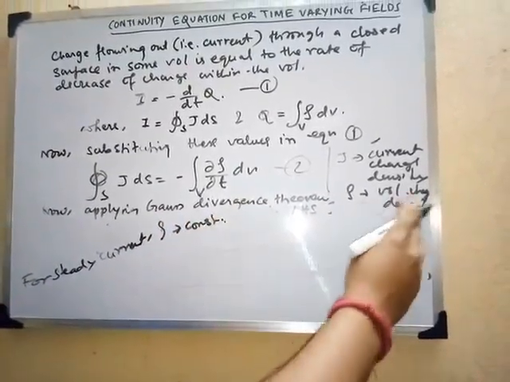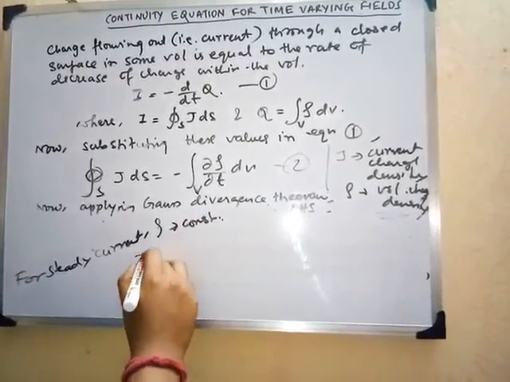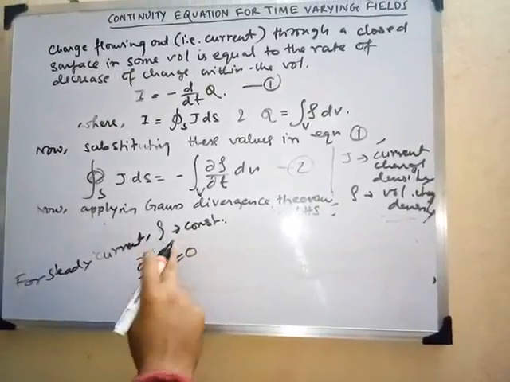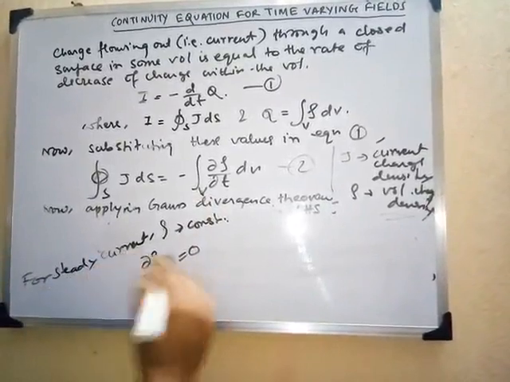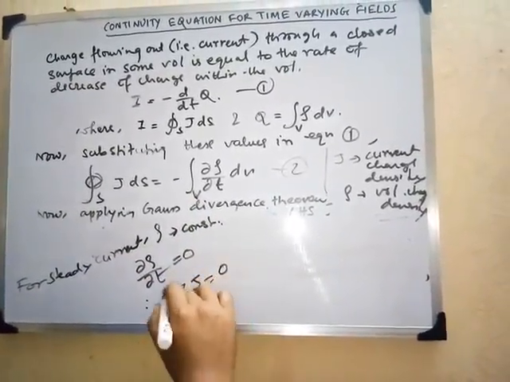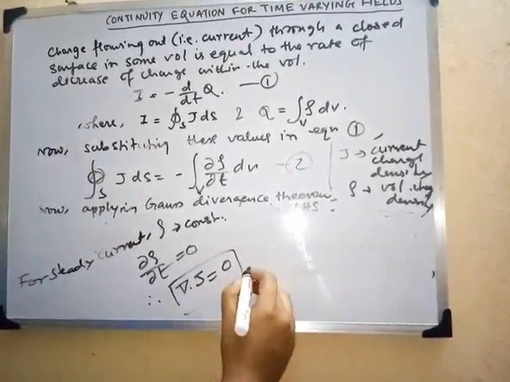So del rho by del t equals 0, because rho is constant. Therefore the continuity equation in case of steady current will be del dot J equals 0. This is the expression for the continuity equation in case of steady current.